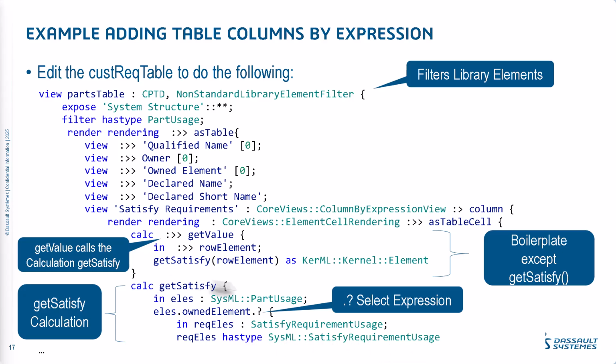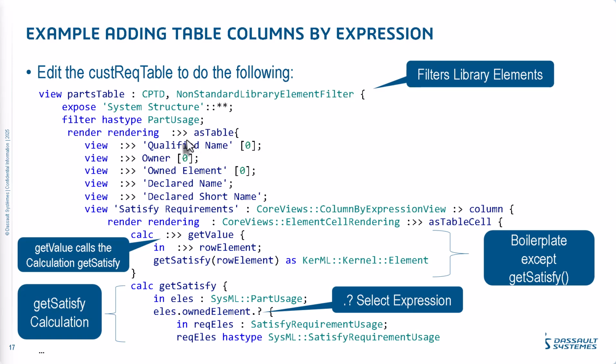So what this is going to do is, for every element in system structure that is a part usage, we are going to get its owned elements, and if one of its owned elements is a satisfy requirement usage, then we are going to return that as the row element here. And since we're accepting an element, we should get all of those elements. So we would be able to see that in our model.